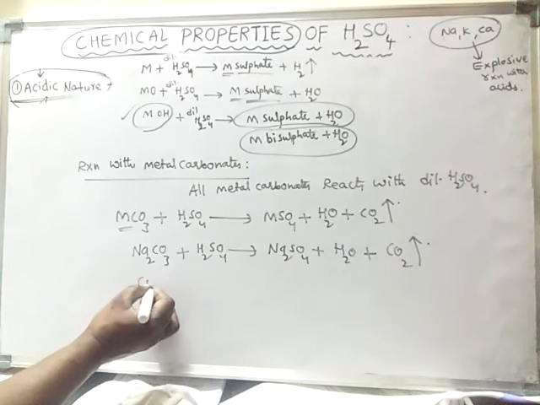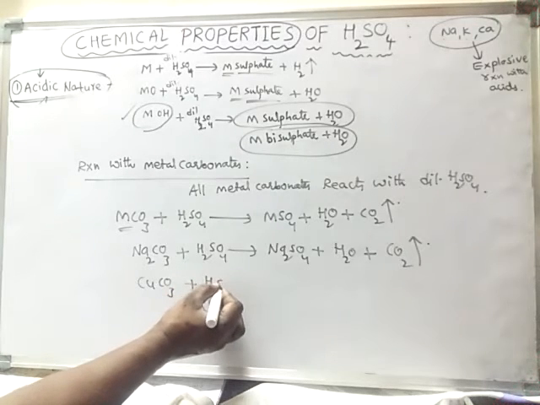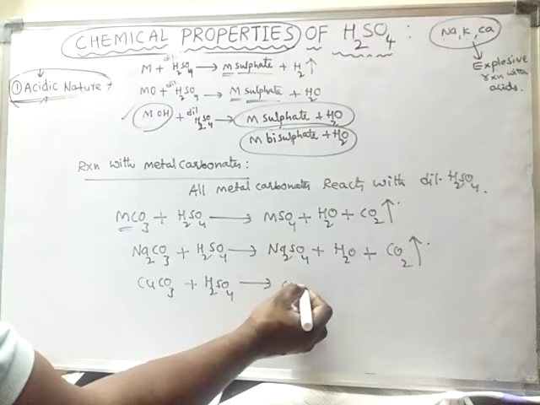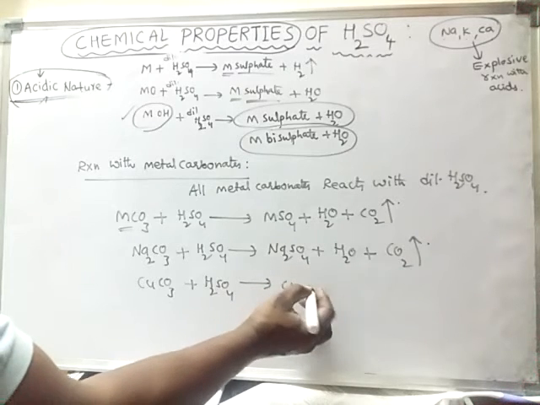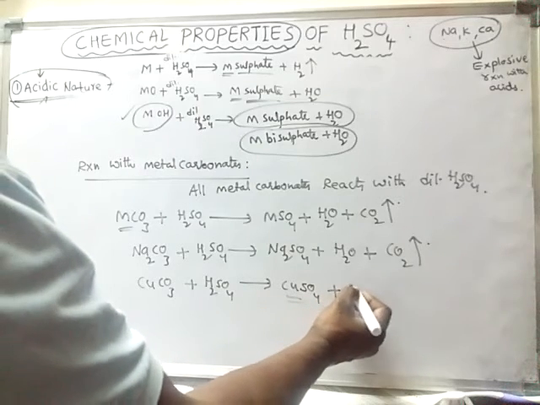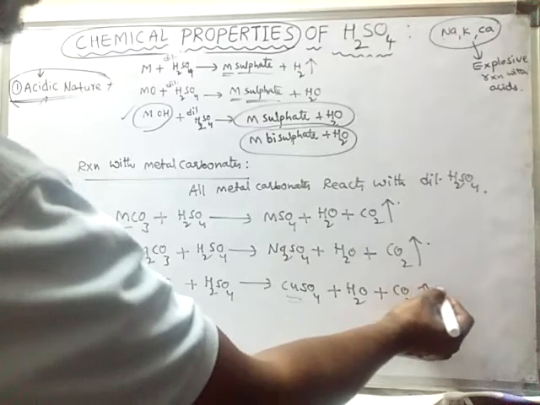If you take copper carbonate and it reacts with dilute sulfuric acid, it forms what? Copper sulfate, a metal salt. Water is formed, and also carbon dioxide gas is liberated.